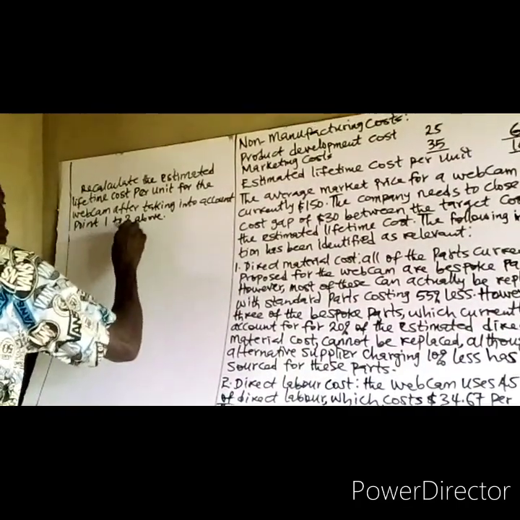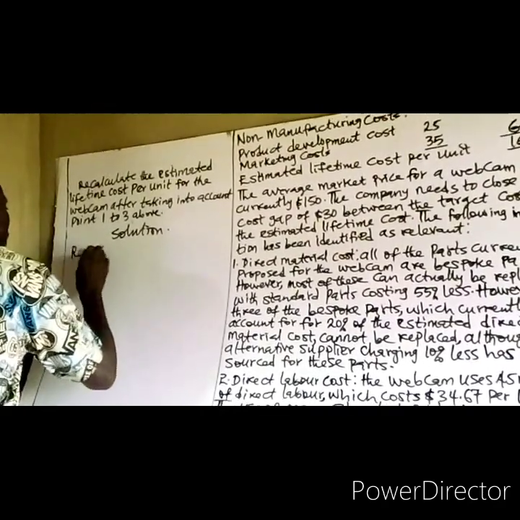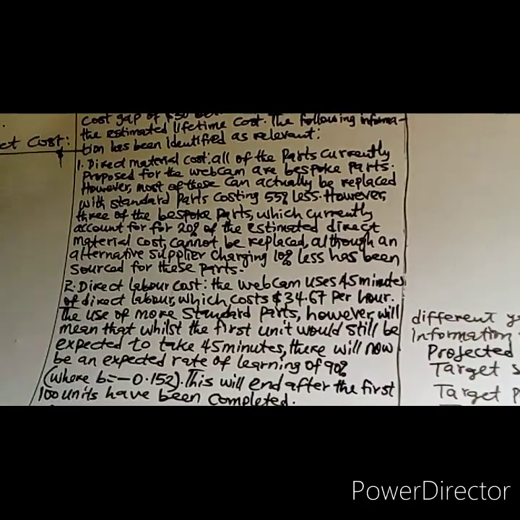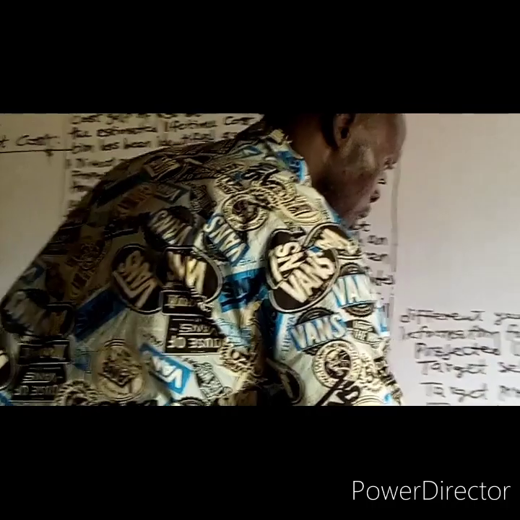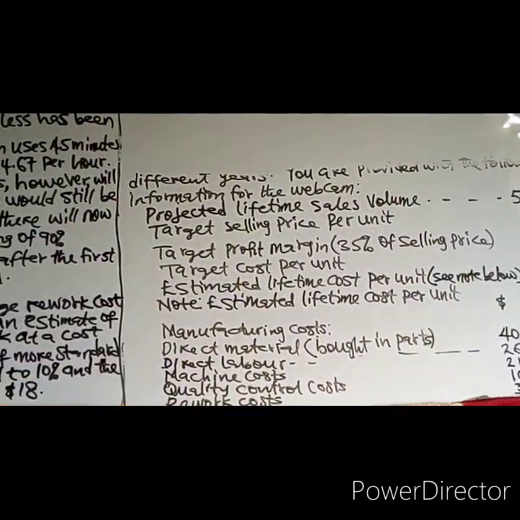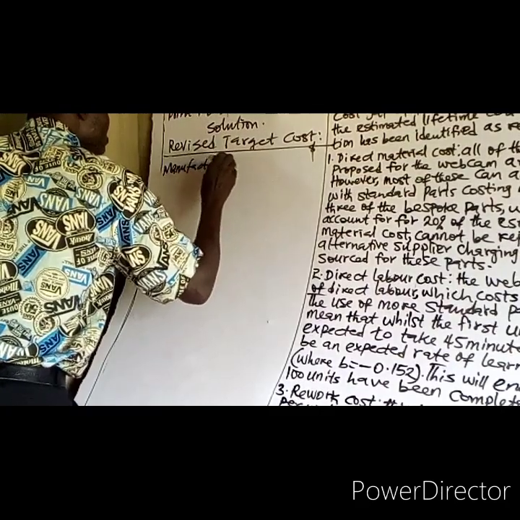Solution. We have the revised target cost. The target cost comprises 1. Manufacturing costs.